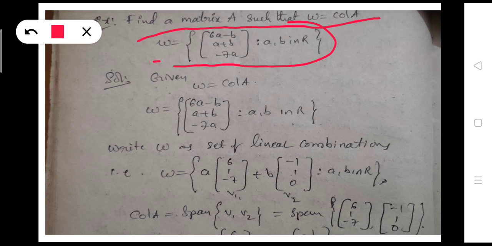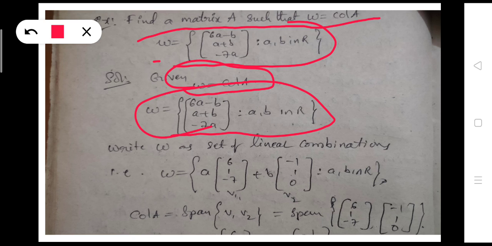What is given? W is equal to Col A, where W is the set of vectors (6a - b, a + b, -7a), and a, b are in R.